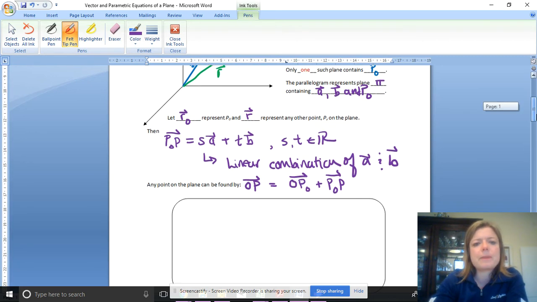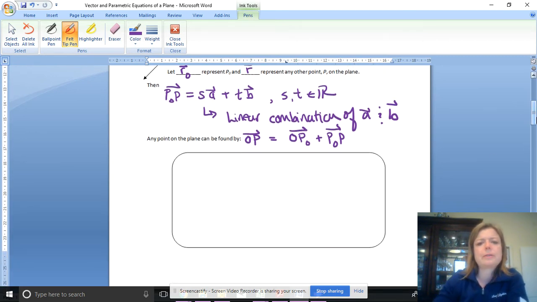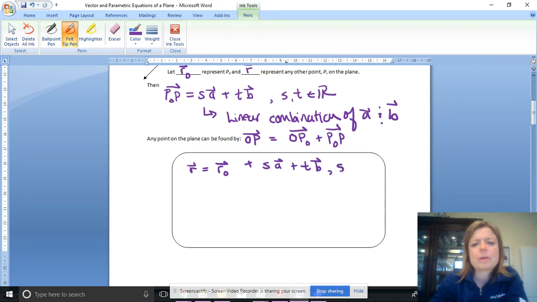So therefore, what we can conclude is that R is equal to RO, our known point, since OPO is the same as RO, plus SA plus TB, where S and T are in the set of real numbers.